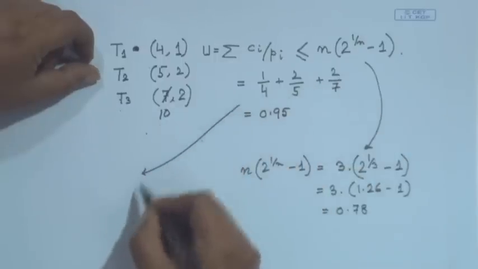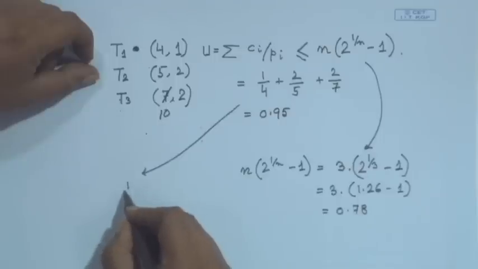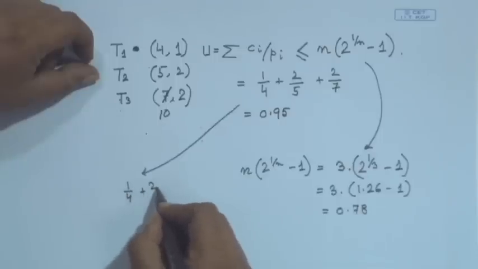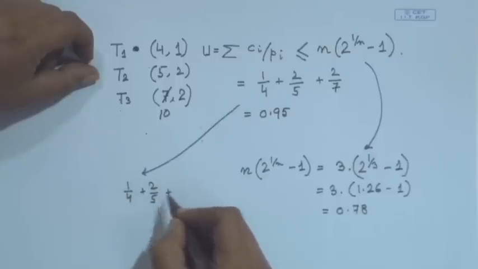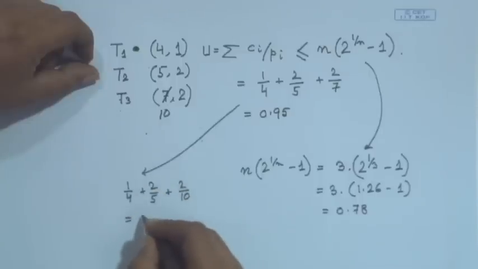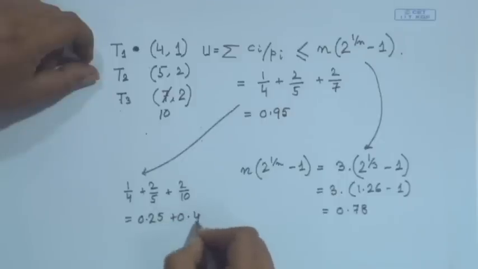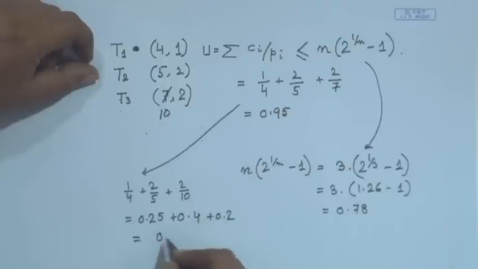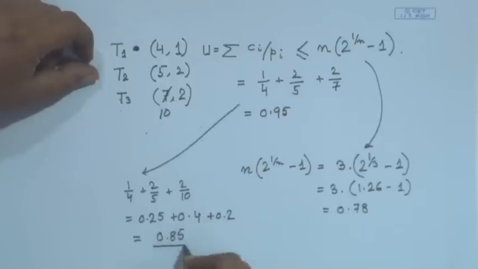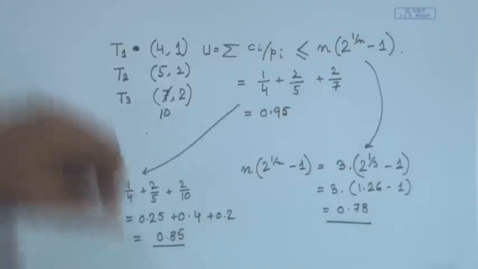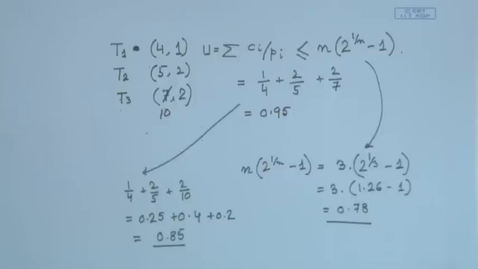This part will be modified to 1 by 4, 2 by 5, and 2 by 10. So, that is 0.25, 0.4, 0.2. Still this is more, but I could schedule.